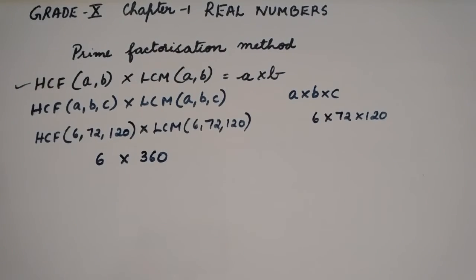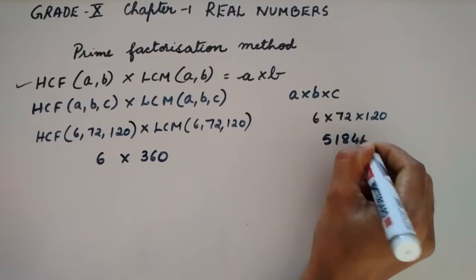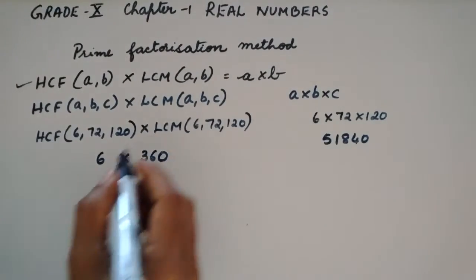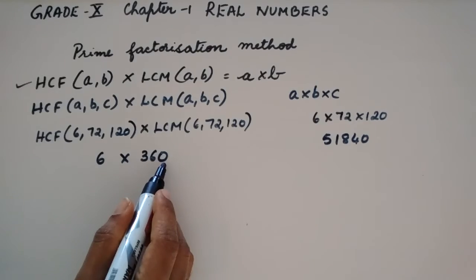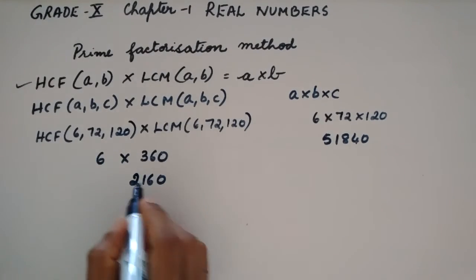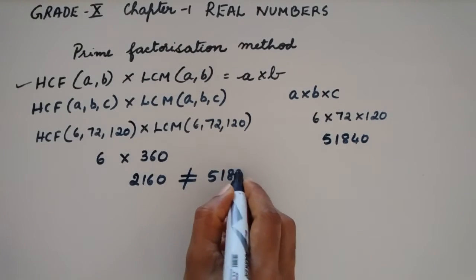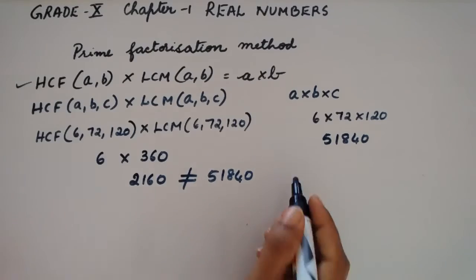How much do we get? It is 51840. So here 6 into 360 will be 2160. So 2160 is not equal to 51840, isn't it?